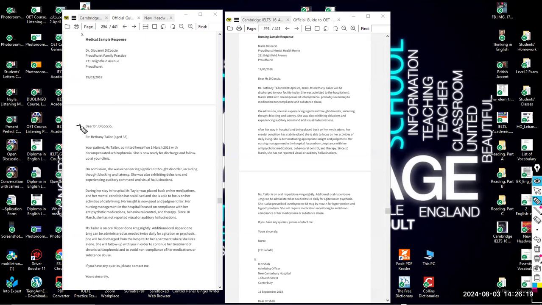So this is the opening statement. I have to skip a line. This is the person, for example, that I'm sending the letter to. I have to skip a line. Now I have to start writing my letter. This is the first paragraph. I skipped a line. I want to talk about something new, the second idea. I skipped a line. This is the third paragraph. I skipped a line. The fourth paragraph. I skipped a line.